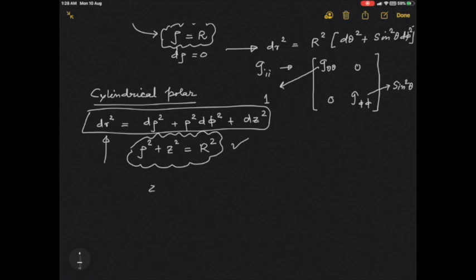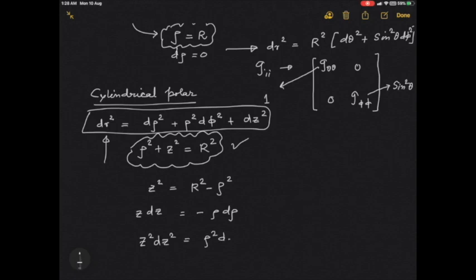We can do a little bit of math here. So z square will become r square minus rho square. And if I calculate z dz, that is minus rho d rho. So z square dz square is rho square d rho square.